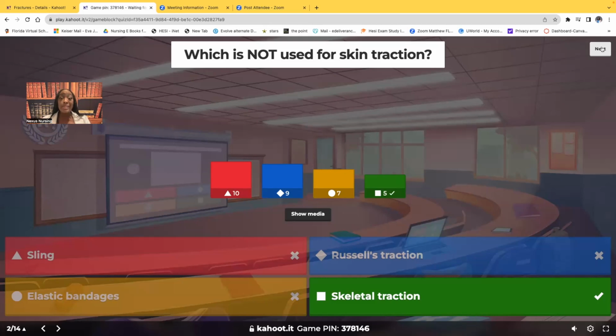When we're using skeletal traction, we're talking about pins, wires, even tongs that have been placed directly on the bone. That means this is invasive. So skin traction is short-term and non-invasive, such as a sling, Russell traction, elastic bandages, or Buck's traction. Those can be used for skin traction.